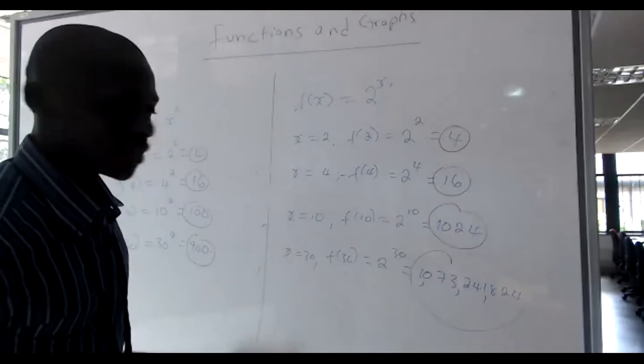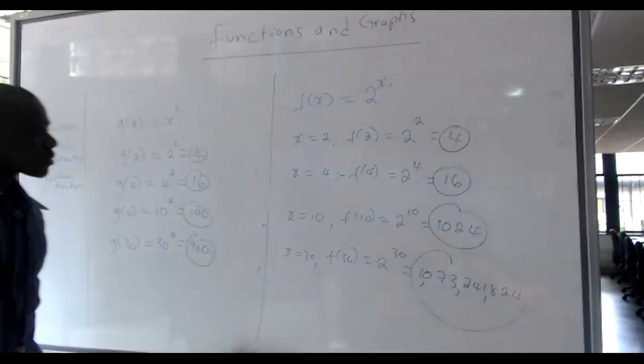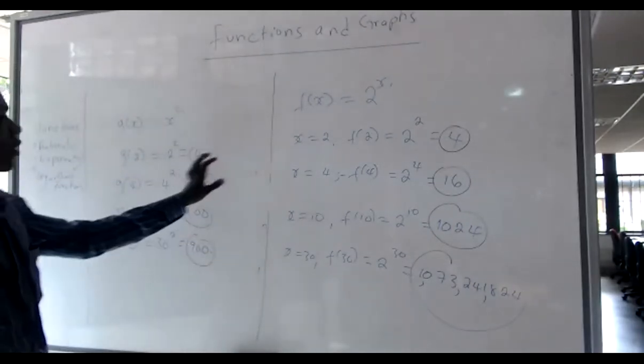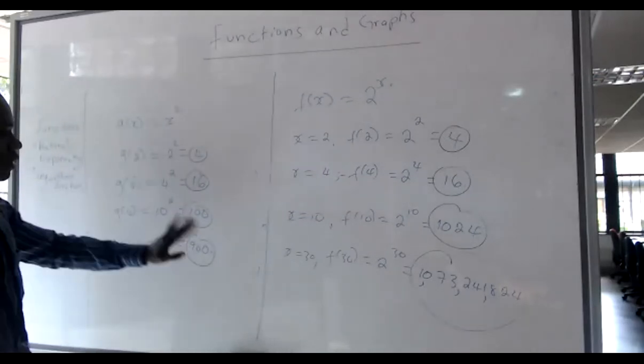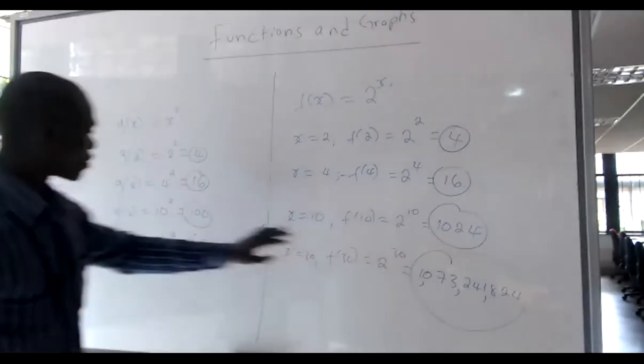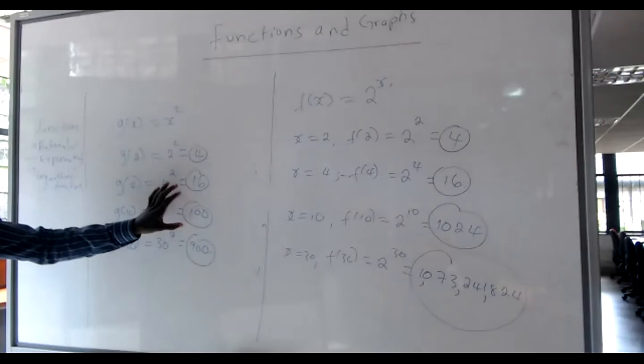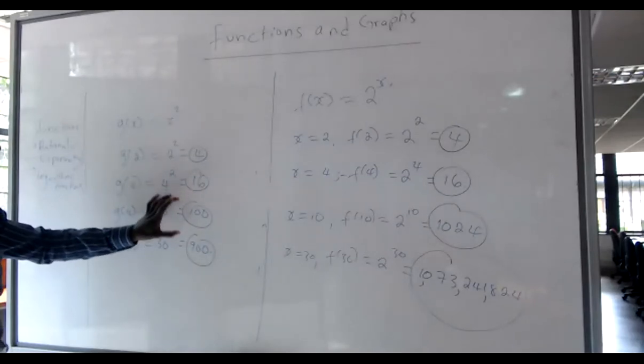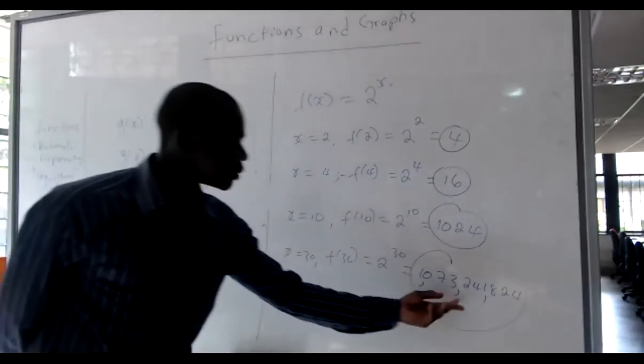Hello, come up again. Okay, 4, 4, and 16, that's okay. What can you say about 1024 and 100? And 900 and this big number?